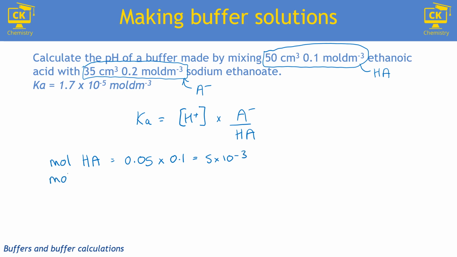Now my moles of A minus: that's going to be 35 divided by 1000, so 0.035 times 0.2, which gives me 7 times 10 to the minus 3.